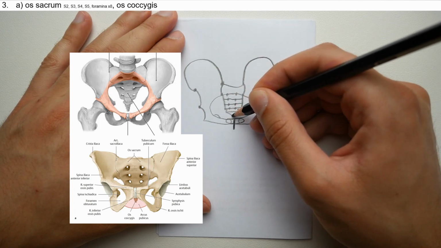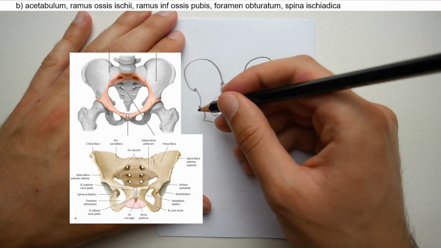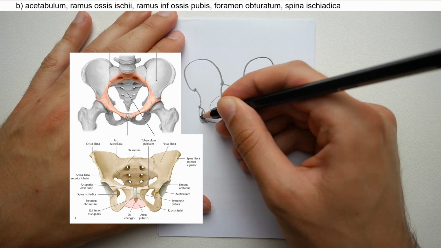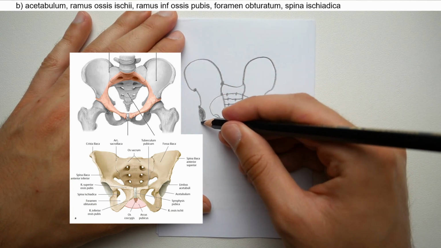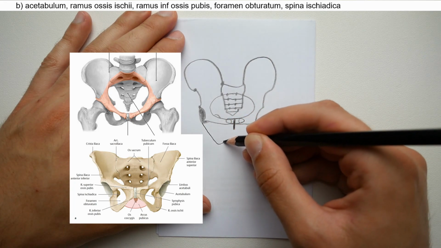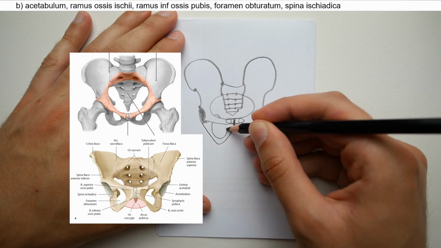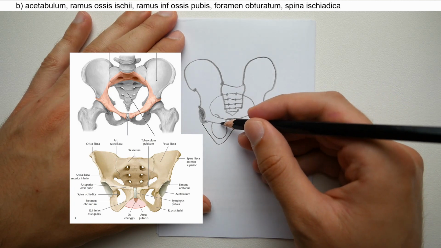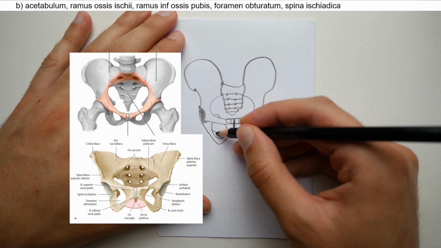This represents the os coccygeus. The lower part of the drawing shows the acetabulum, the ramus ossis ischii and the ramus inferior ossis pubis, as well as the foramen obturatum and the spina ischiadica.